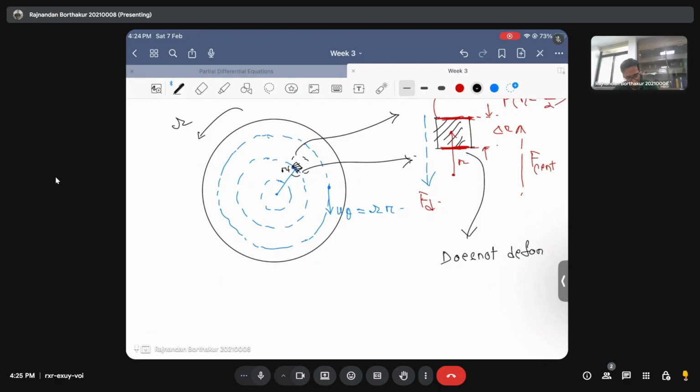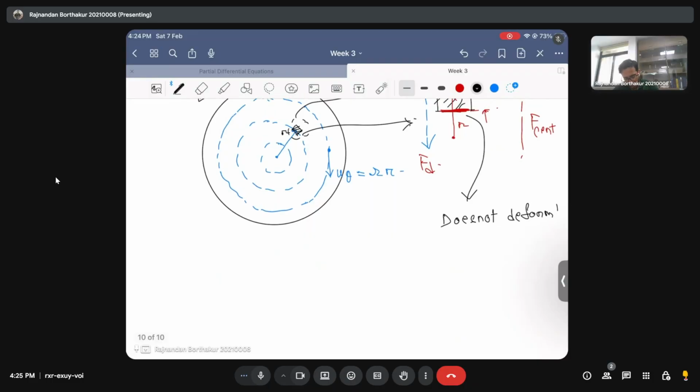If you calculate the r theta component of the viscous stress, you can show that tau r theta comes out as r del r of u theta by r plus 1 by r del ur by del theta. And I know that my ur is 0.